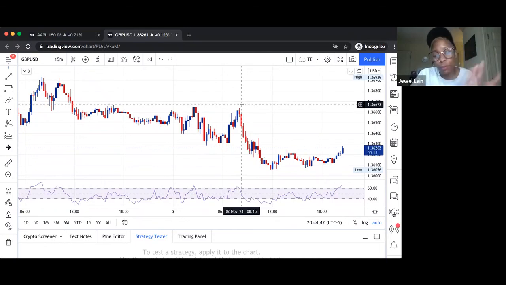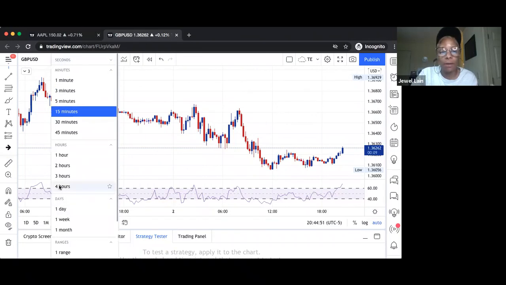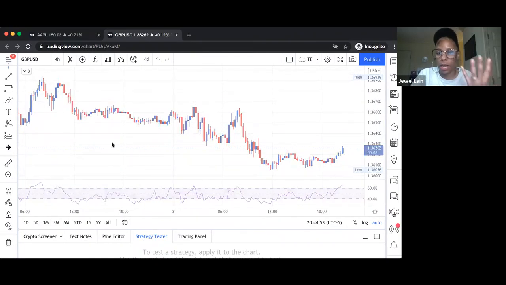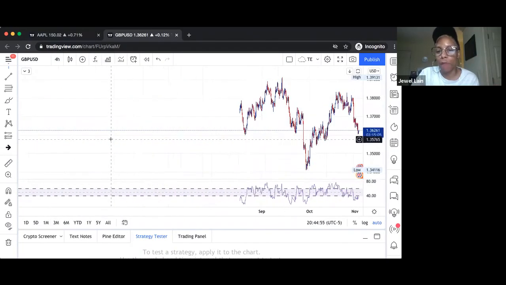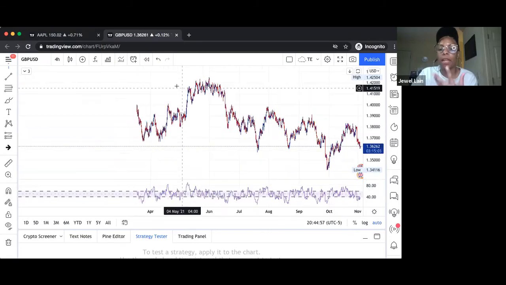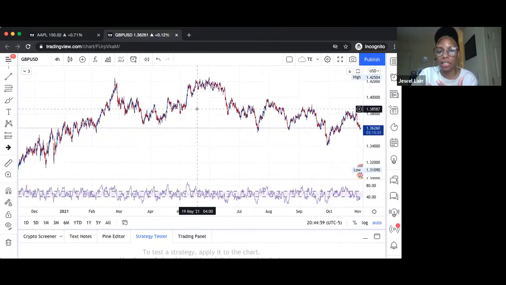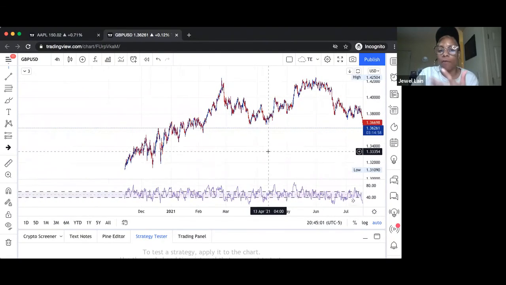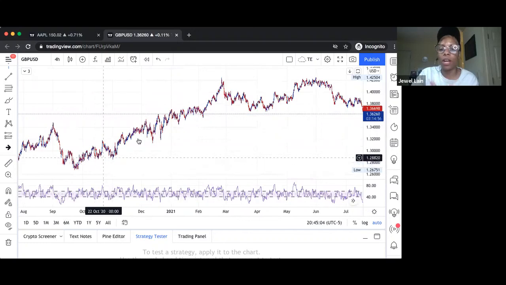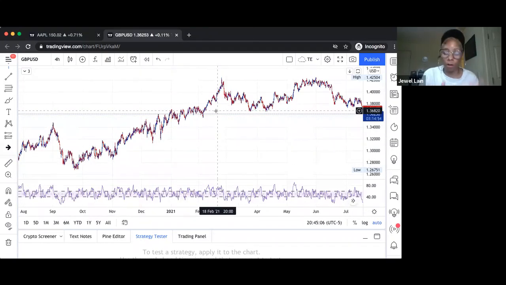So one of the main reasons why you go to a higher time frame, let's say we go to the 4 hour and I zoom out of this trade. Let's see where this trade is actually going. Where does this trade overall on the 4 hour look like it's trying to go? What is the trend of this trade?